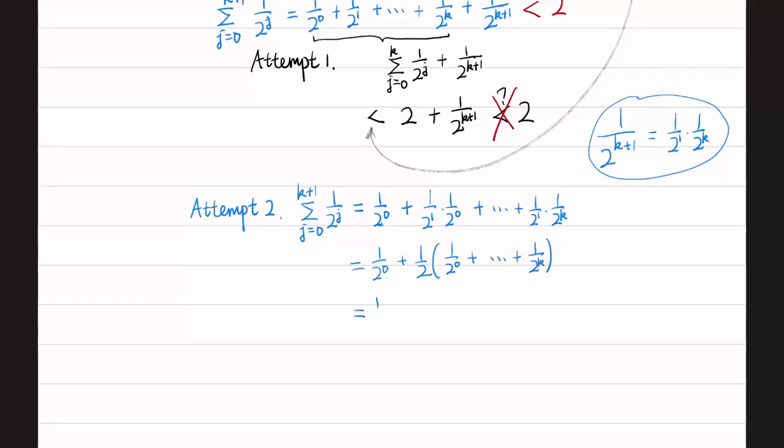And this, I don't have to rewrite it. It's just 1.